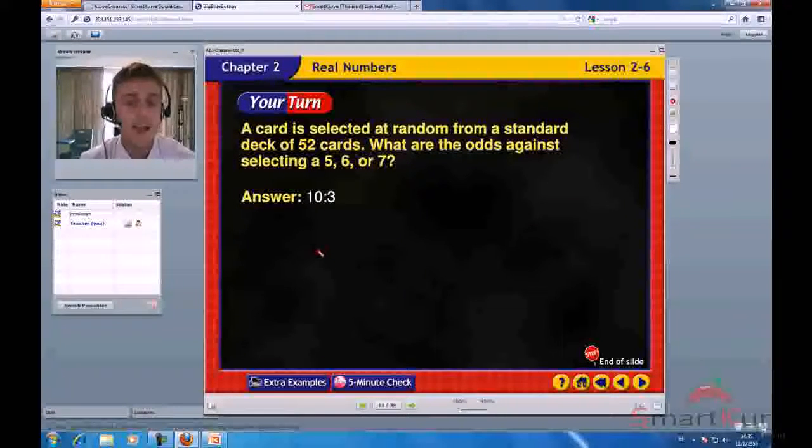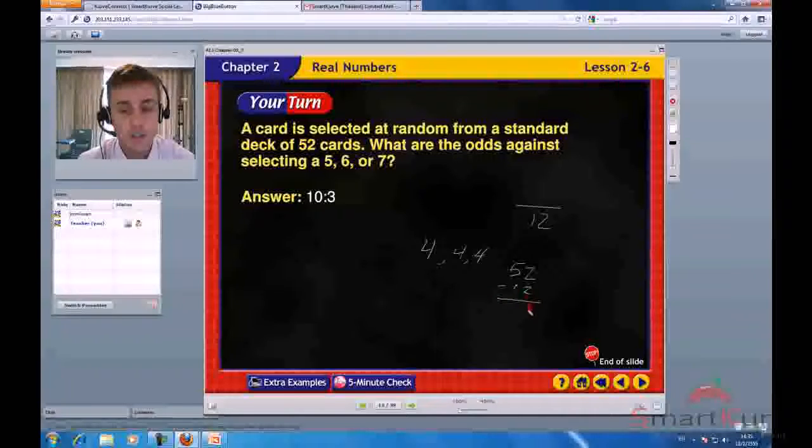A card is selected at random from a standard deck of cards. What are the odds against selecting a 5, a 6, or a 7? Well, we know that there are 4 5s, 4 6s, and 4 7s. So the number 12 goes on the bottom. There are 52 cards total, minus the 12 for 5, 6, and 7.